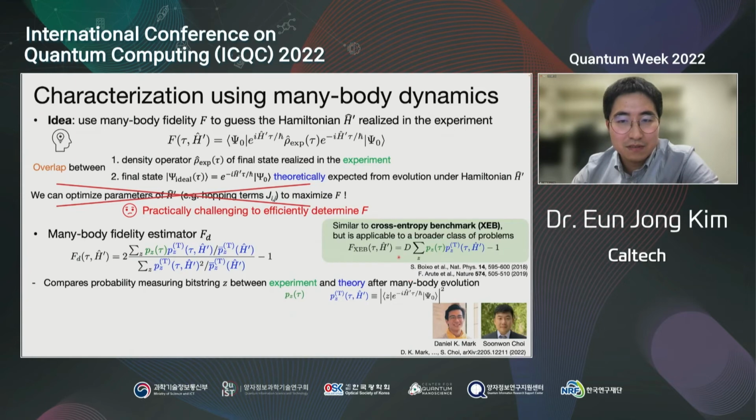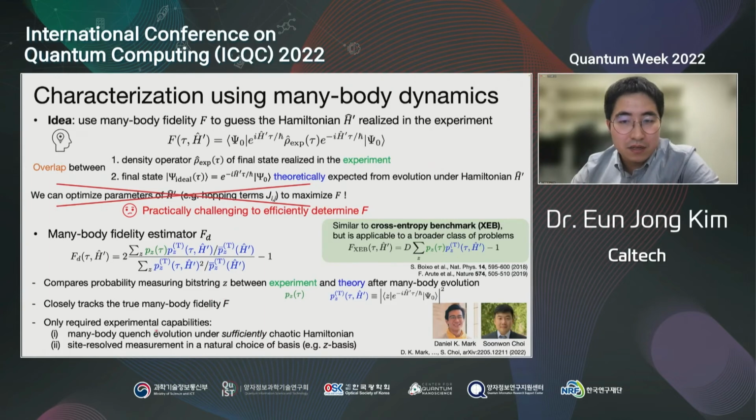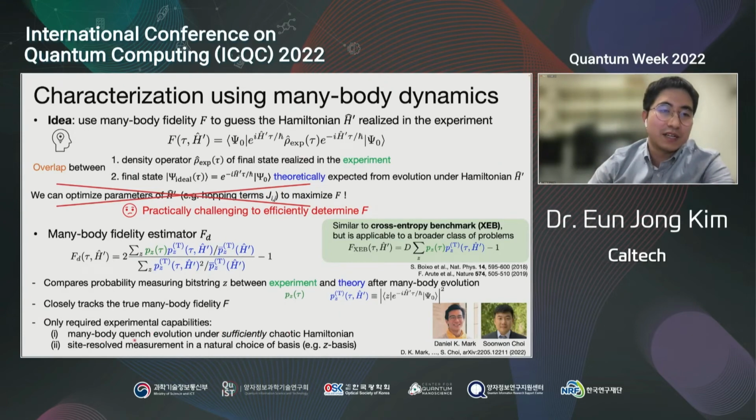This has a lot of similarity with the cross-entropy benchmark studied in Google's quantum supremacy paper. The important thing about this fidelity estimator is that it closely tracks the true many-body fidelity F, requiring experimental capabilities of many-body quench evolution under sufficiently chaotic Hamiltonian and also site-resolved measurement in a natural choice of basis.